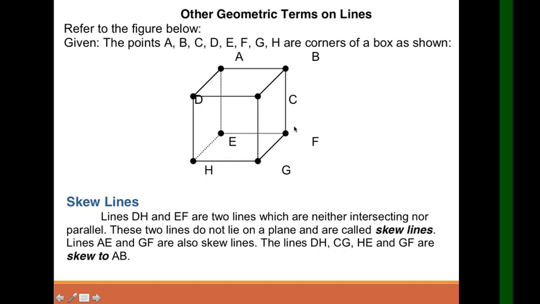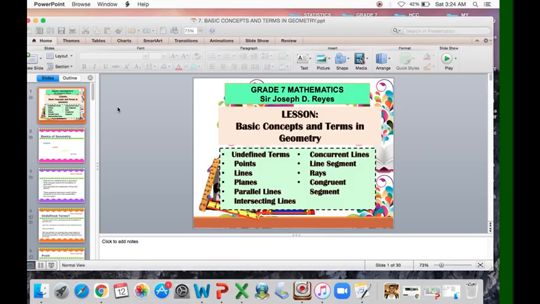The lines DH, CG, HE, and GF are skew to AB. Okay, so pag sabing skew lines, hindi sila nag-intersect, hindi din sila parallel. If I put a line here, parang ganito siya, and I put a line here, so these are skew lines that are not parallel, at the same time, they don't intersect.